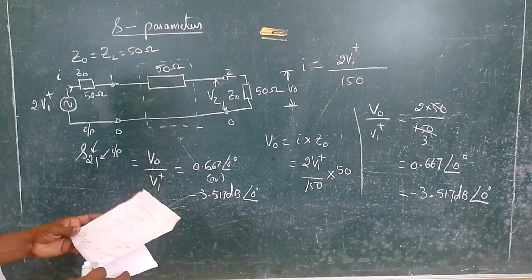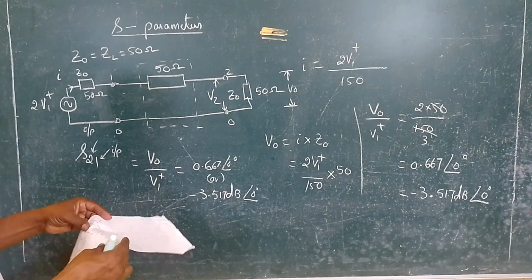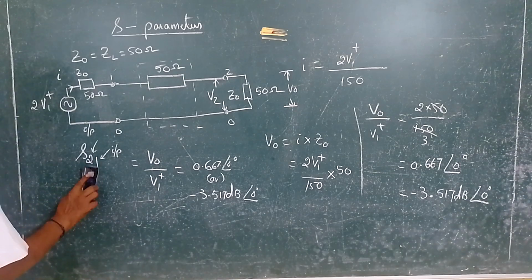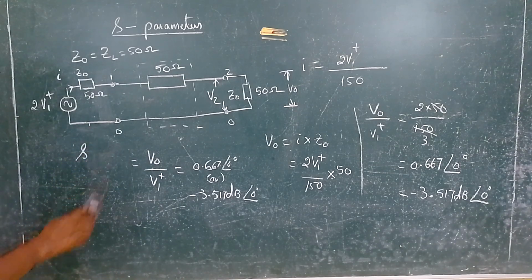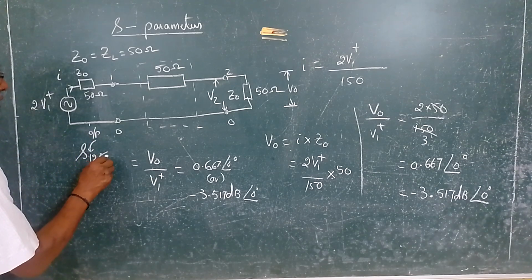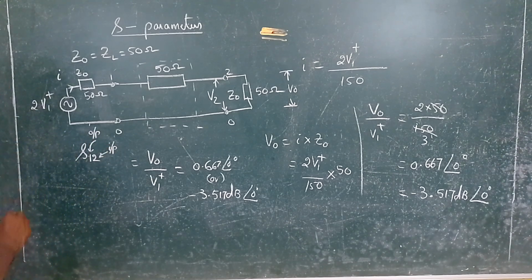Okay. Next we have to find out S12. Next step is S12. So this is going to be 1, 2. So S12 means at port 1 you are going to receive the output, and port 2 is the input where we are going to give.